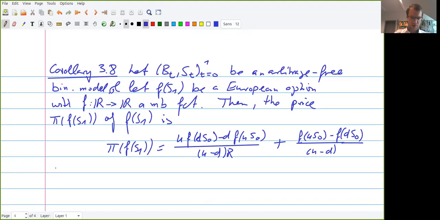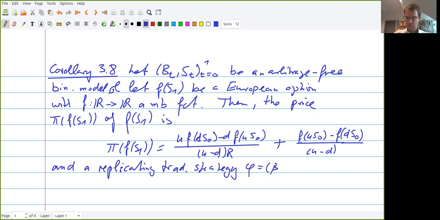And so we found the price, and even more, we found a replicating trading strategy phi, which was given by 3.3, right?